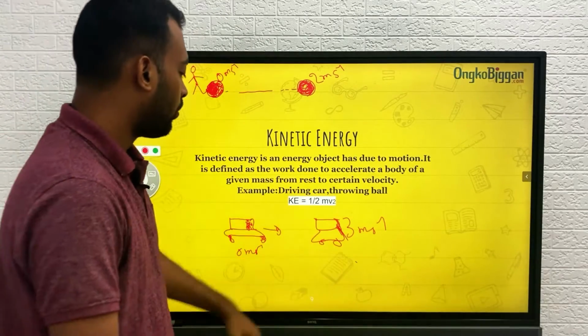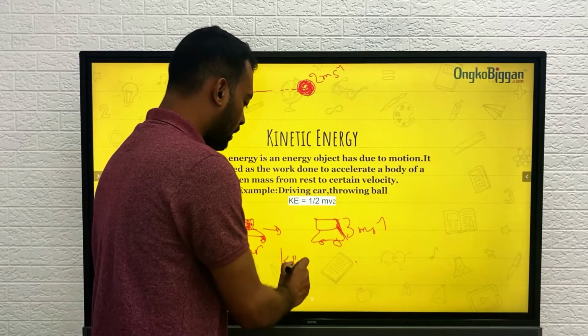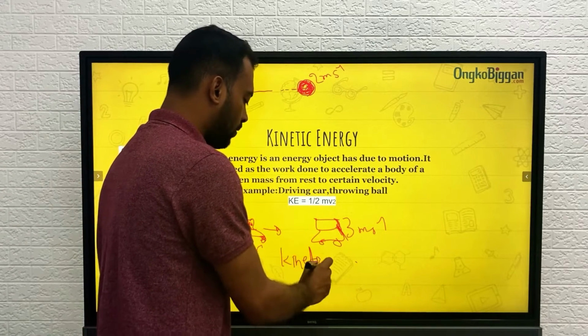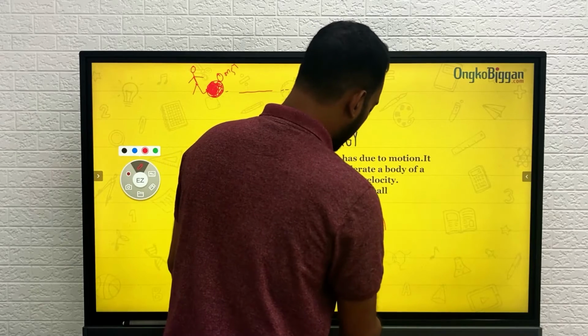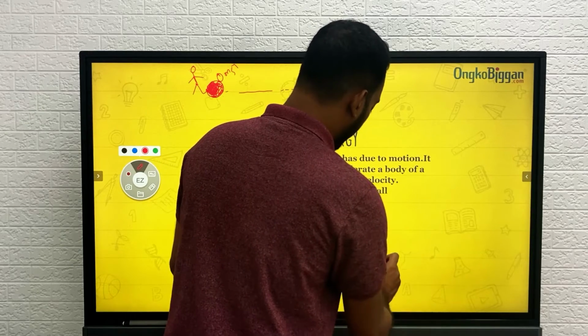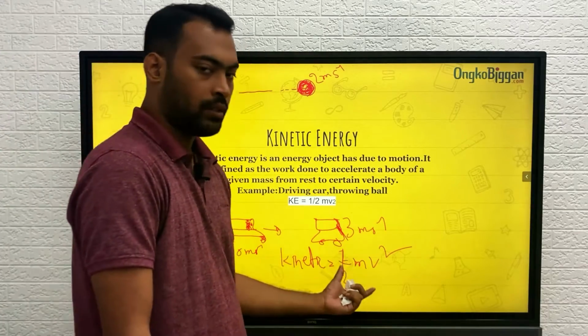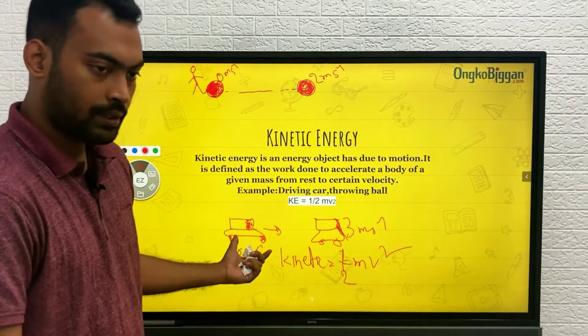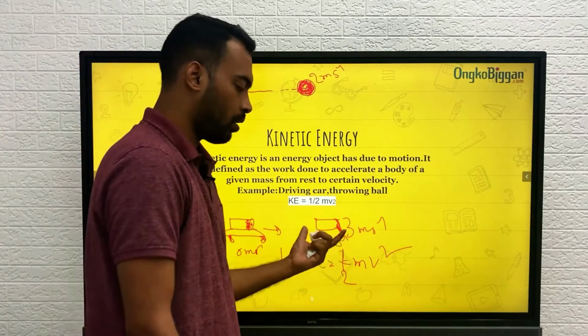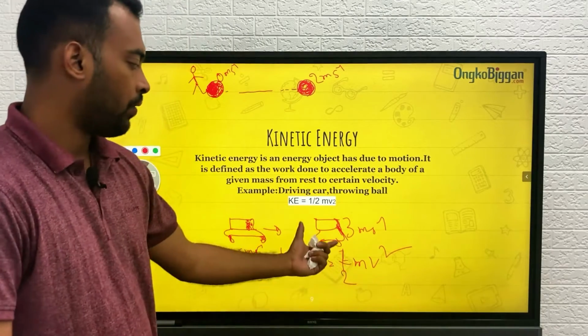So the kinetic energy formula is equal to half m v square. Here m is the mass of the object. The mass of the car is necessary in order to find the kinetic energy of this object, and v is the velocity.